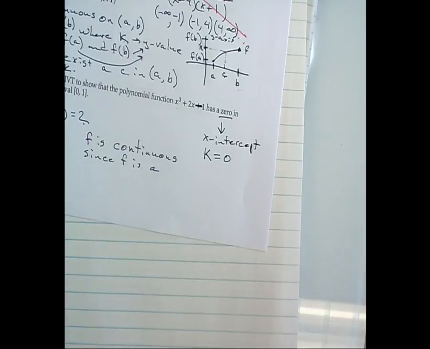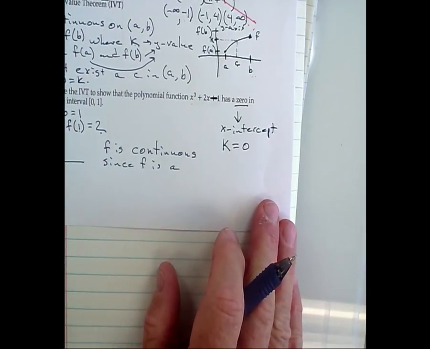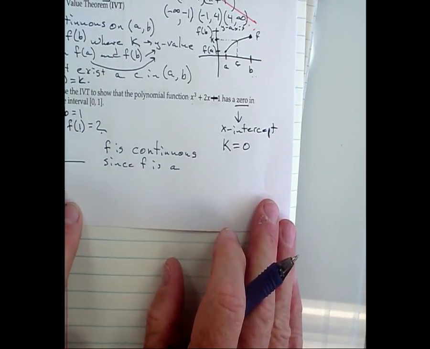So anyway, why is f continuous? f is continuous since f is a what? Since f is a function. But not all functions are continuous.